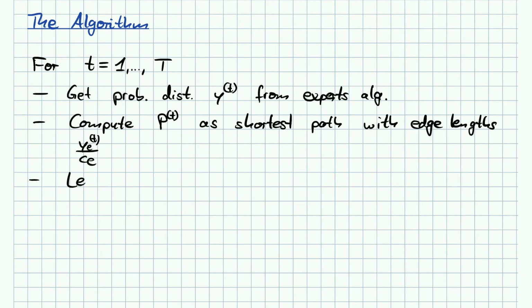And then we let CT be the minimum of all capacities on this path.